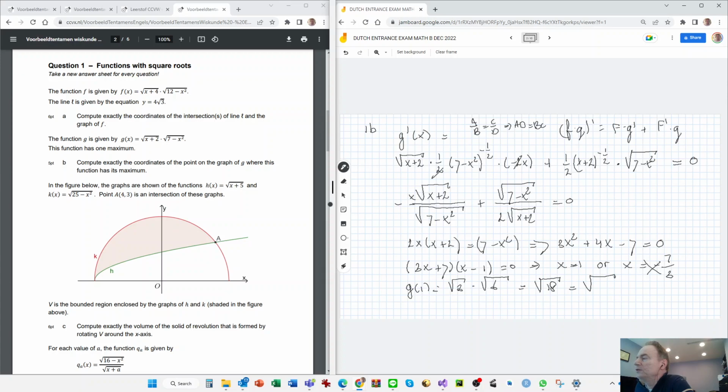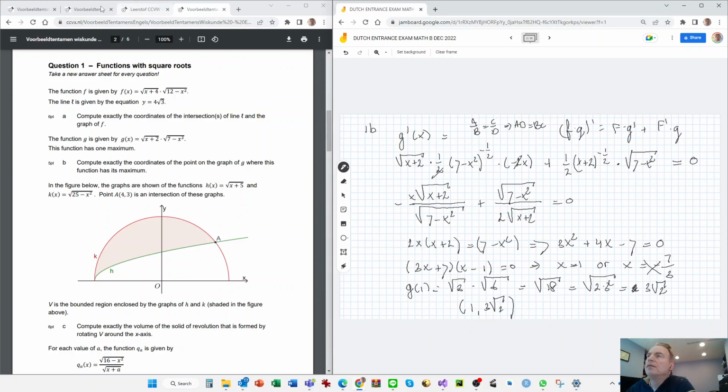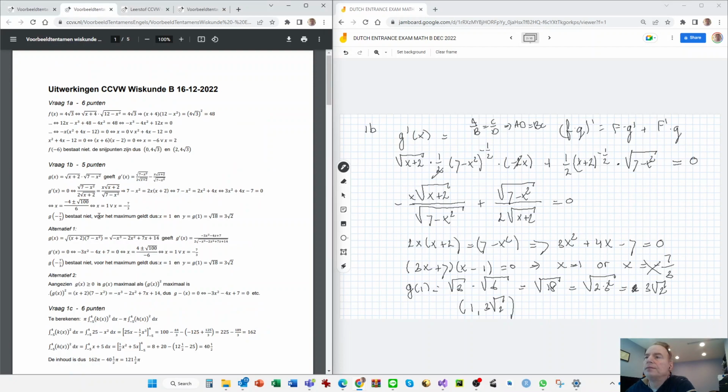So it's 2 times 3 squared, so it's 3 times the square root of 2. So the final answer should be 1 and 3 times the square root of 2. Which is correct.